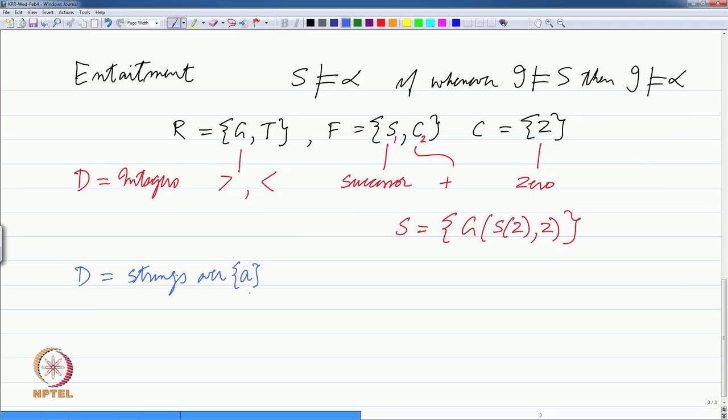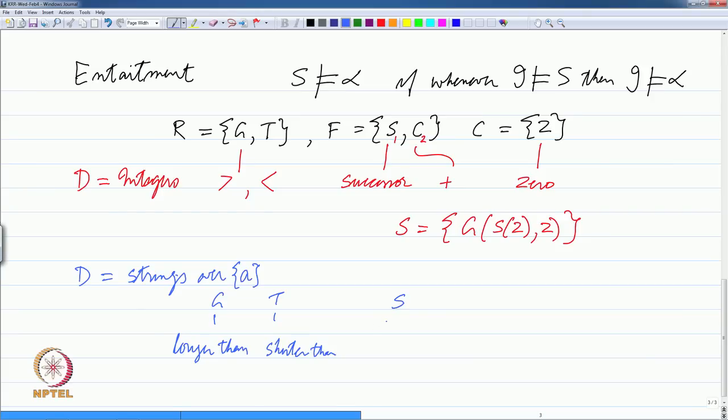Now, what could be the meaning of my relations? Here G could be, for example, longer than, and T could be, let us say, shorter than. At this moment I can't think of a different one, but you can think of anything. The notion of an interpretation is that you are saying what that relation means, how it relates two elements together.